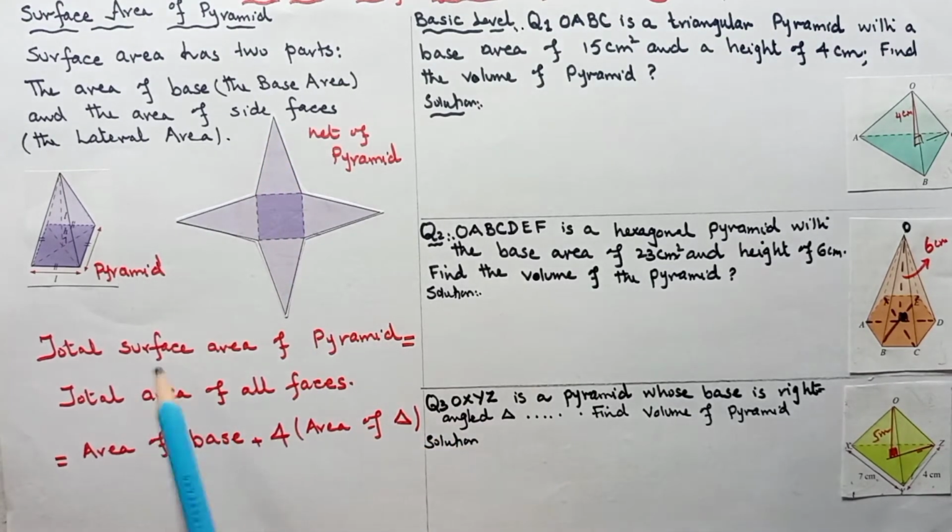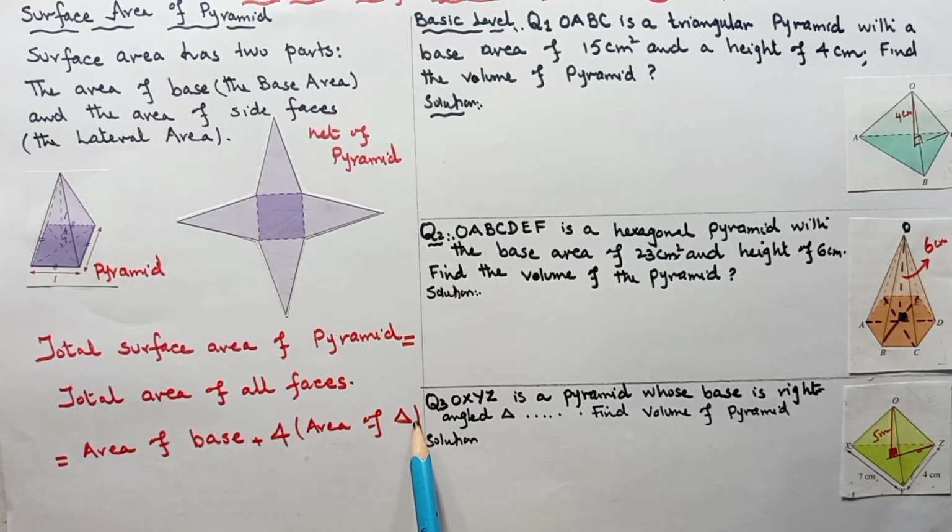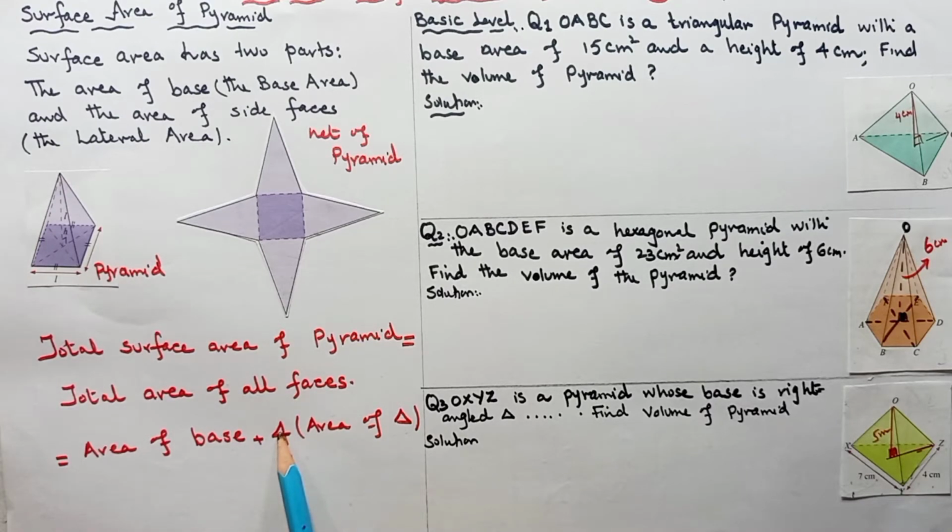So the formula for the total surface area of pyramid is total area of all faces equals area of the base plus 4 times area of triangle. In case the base is a square, all these triangles will be identical. We can find the area of one triangle and multiply that by 4.